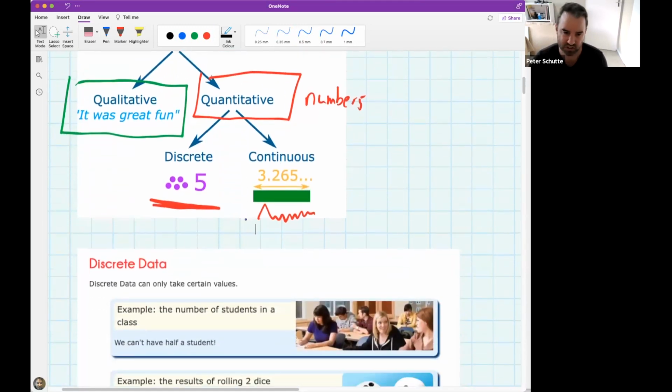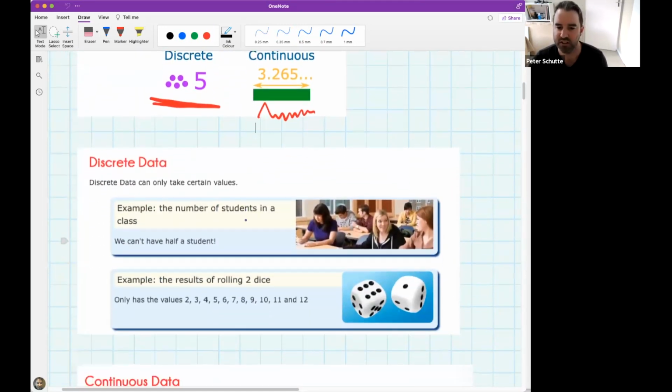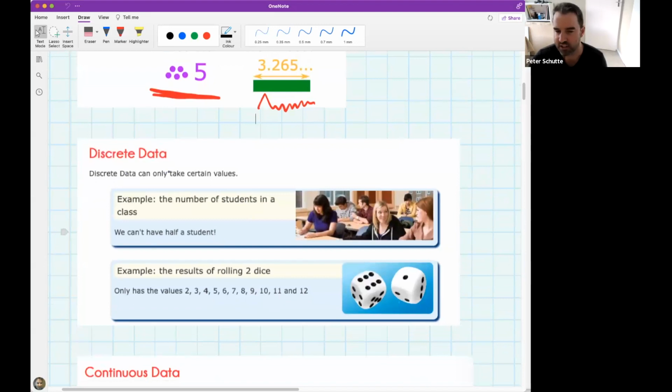Let's have a look at some examples. Here's from a note: discrete data can only take on certain values. For example, the number of students in a class, you can't have half a student. Or if you're rolling 2 dice and looking at the sum, you can only have the numbers 2, 3, 4, and so on, up to 12. You can't have 5.5.